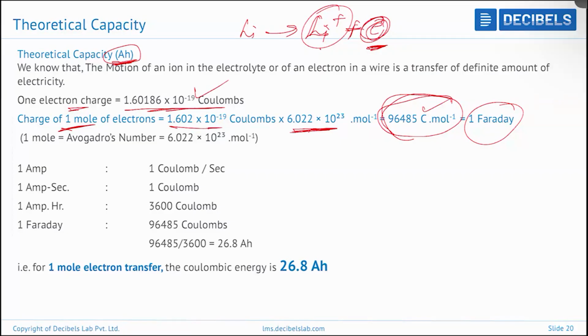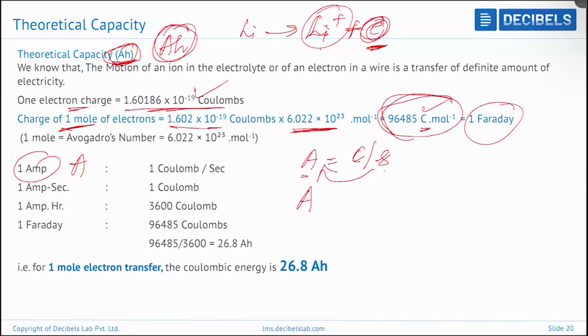Okay, so let us define the ampere. We want Ah, right? The capacity unit is Ah. We know that ampere is equal to coulomb per second. So ampere second is equal to 1 coulomb.